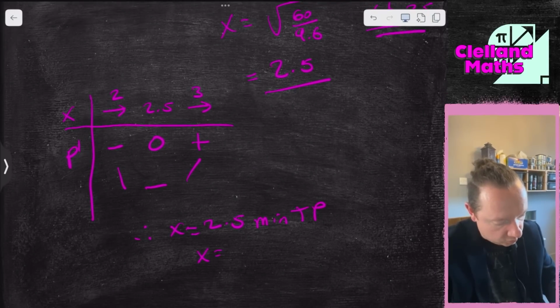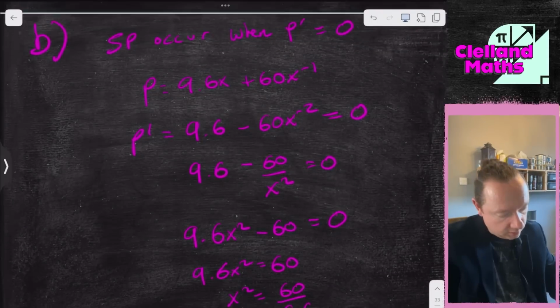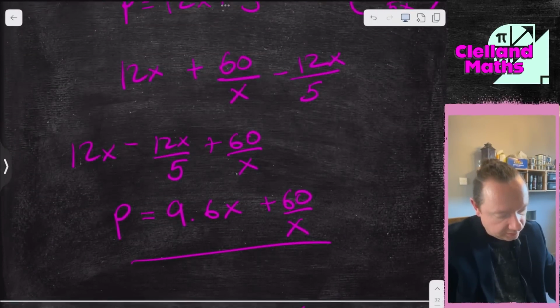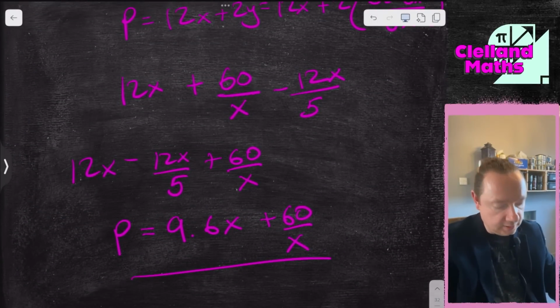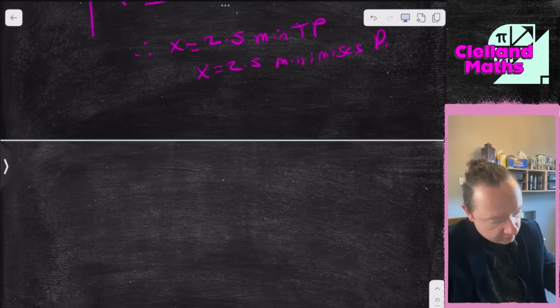So x equals 2.5 minimizes the perimeter. What a perimeter was? A perimeter was 9.6x plus 60 over x.